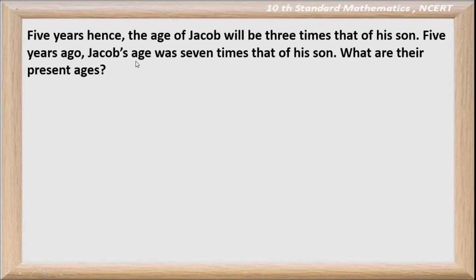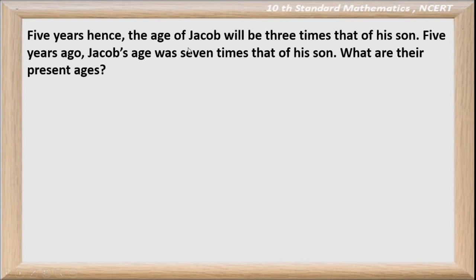See the first sentence, we can make one linear equation, and from the second sentence we can make the other equation. The first sentence: after 5 years, Jacob's age will be 3 times that of his son.